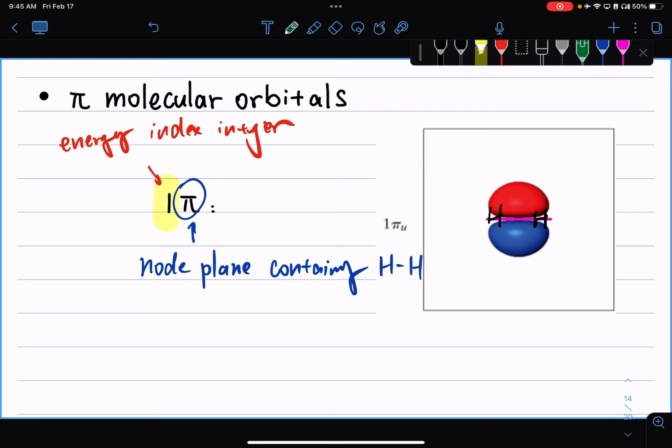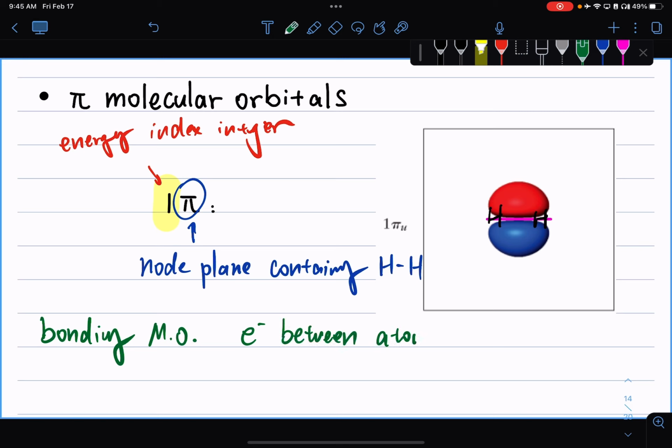And what we chemists care more about is bonding or anti-bonding. So when we say there exists a bonding MO, remember that's electron density between atoms. Right, so here is my atom center, that's my nuclei, and we have electron density above and below. So in both cases, even if there exists a node that's containing that axis, this is still a pi bonding molecular orbital because we have electron density in between the atoms.